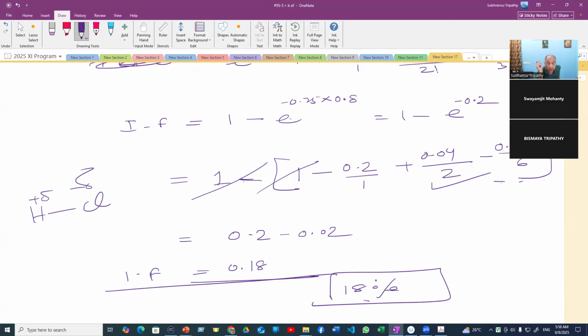The remaining 82% is covalent and only 18% is ionic.